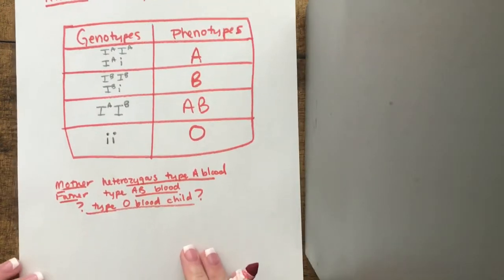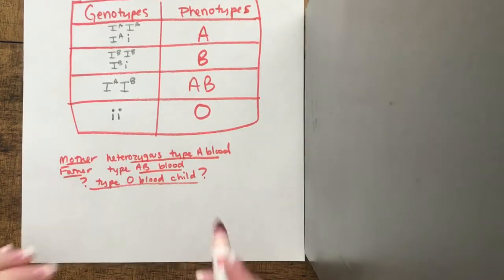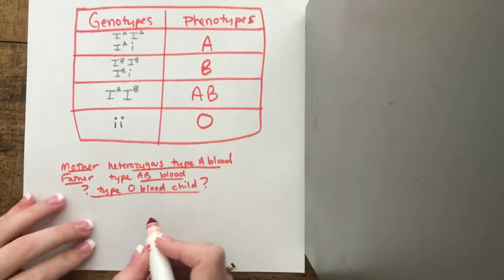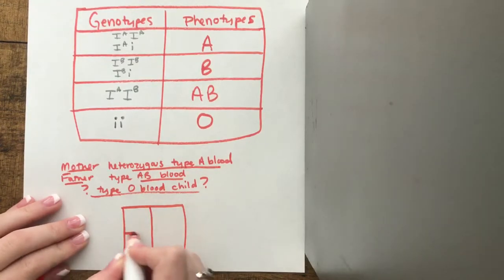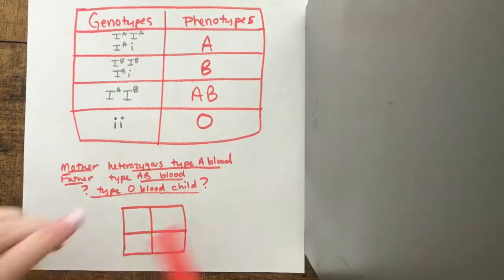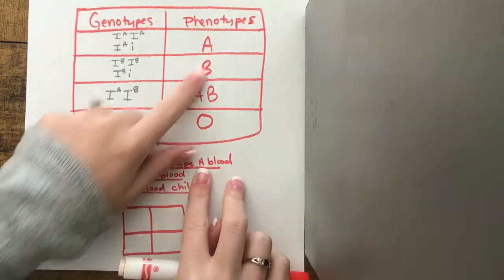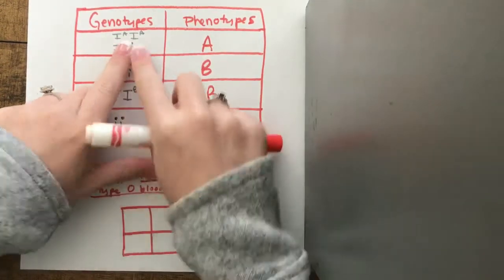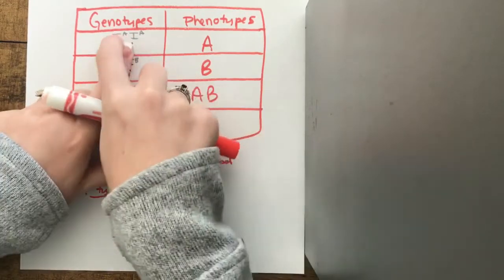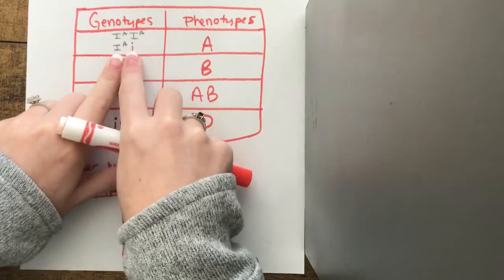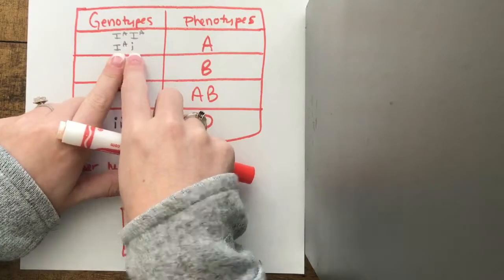In order to figure this out, we're going to do a Punnett square just like we've been doing. Now it says mom's heterozygous type A. So if you have type A blood, there's 2 options for your genotype. You could be homozygous with IA, or heterozygous, which is IA little i.